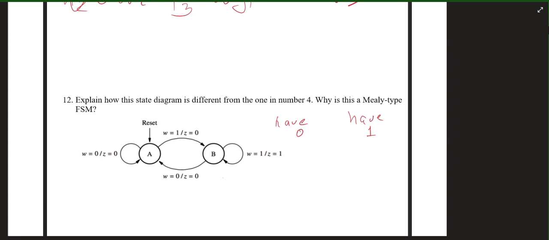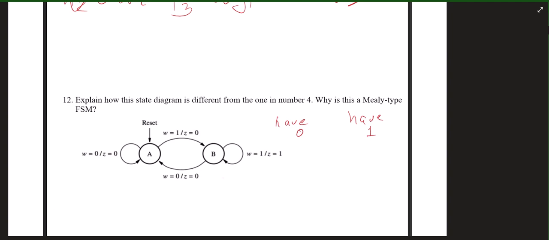If I get a 1, I go back to B, and I still have a 1. But I can still use this to determine my output, because if I go from A to B, I had a 0 and I got a 1, I don't have two 1s yet. But if I'm in state B, I have a 1, and if I get another 1, then now my output is going to be 1.